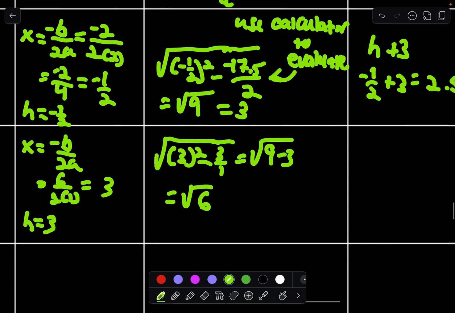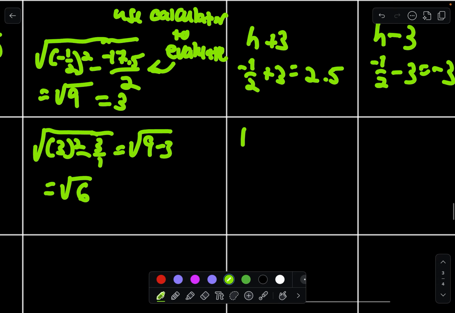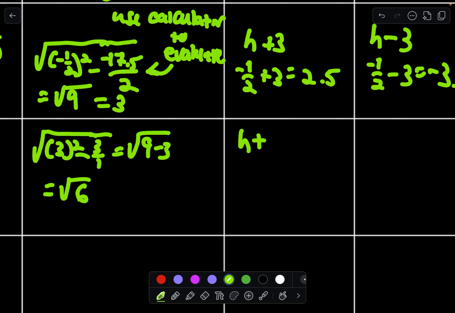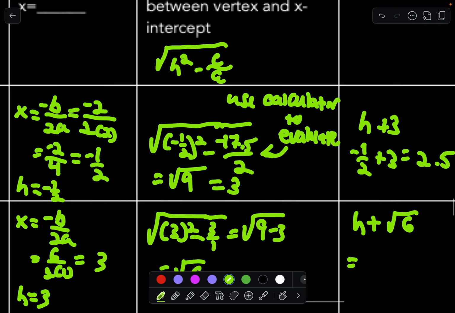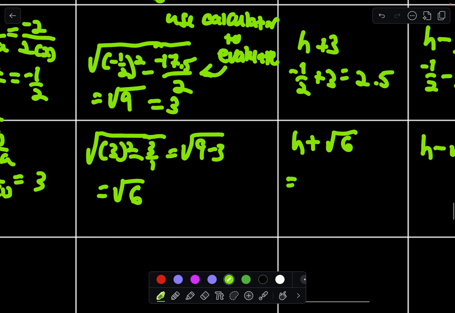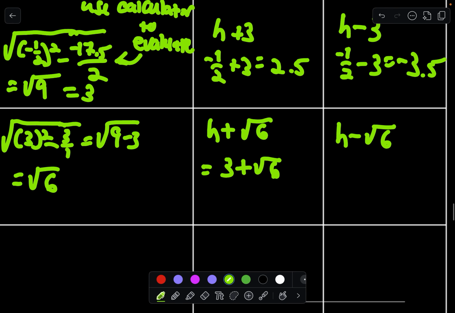So the exact answers are going to be, well, one of them is going to be h plus the square root of 6, because that's d, and h minus the square root of 6. So that's going to be, h was 3, so it'll be 3 plus the square root of 6, and 3 minus the square root of 6. Those are the exact answers. If you wanted to get a decimal approximation, you could use a calculator.